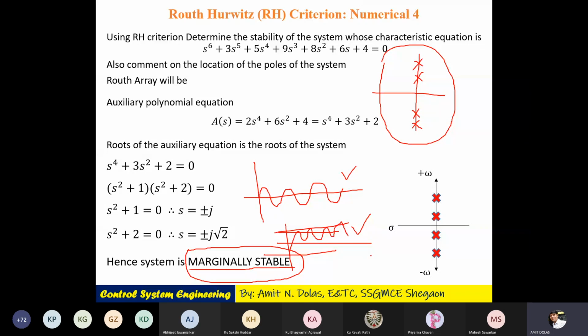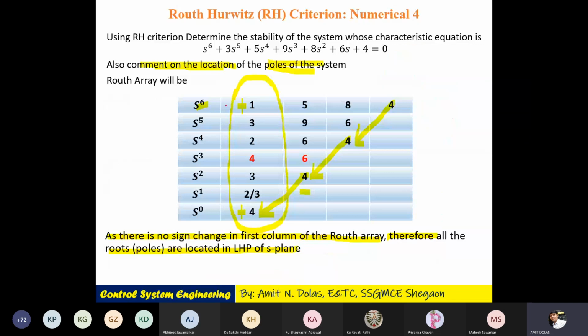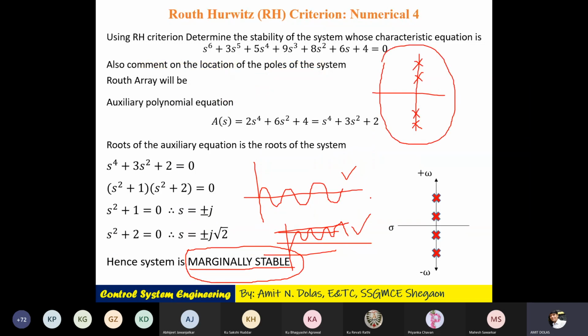Is it stable, marginally stable, or unstable? Because looking at this first column, all signs are positive. Directly straightforward you say that it is stable, but what is the answer? Answer is marginally stable, not absolutely stable.